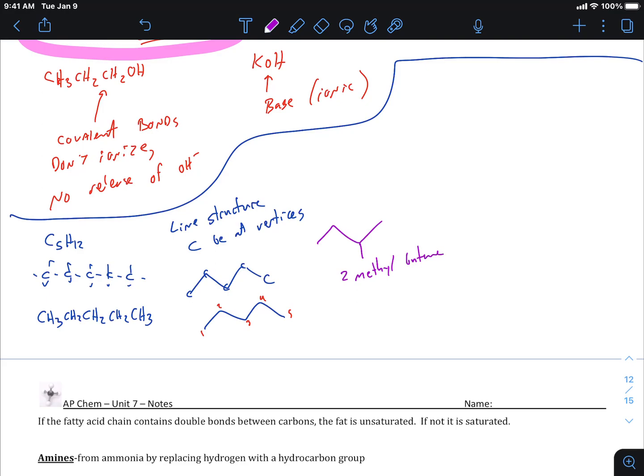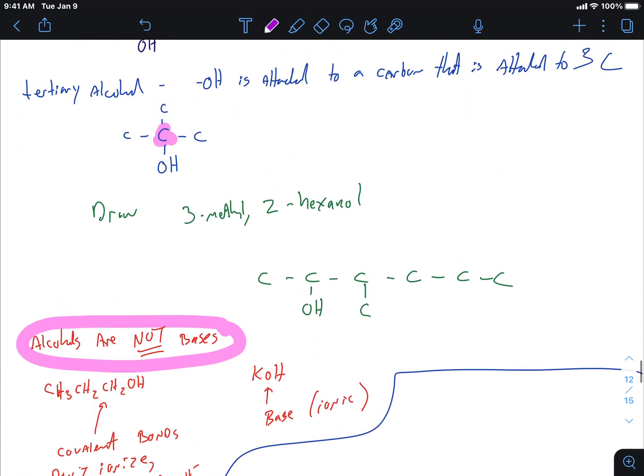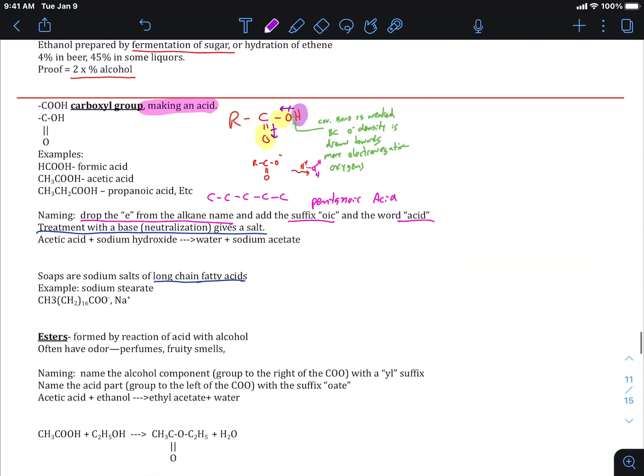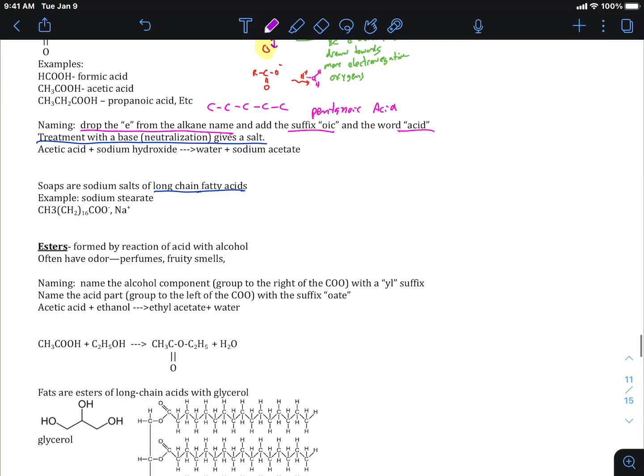Okay. And the reason why I'm bringing this up, how to interpret line structures, is because you need to know it, but also, if we talk about something like fats, we go back up to our acids section. Long chain fatty acids. By long chain, we mean really long, beyond the prefixes that we learned. Okay?